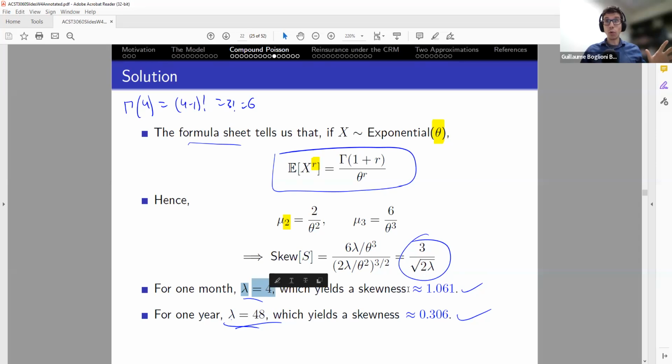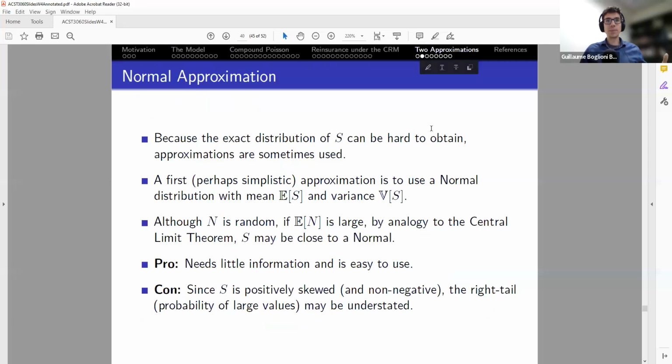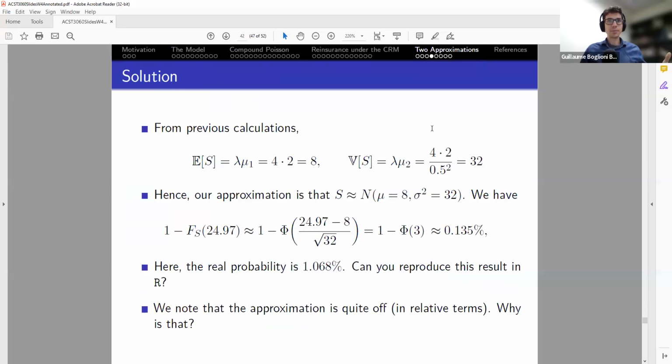For lambda equals 4, we had a skewness here that is, I suppose not huge, but substantially different from 0. So here you have a skewed S. It makes sense that the normal approximation is not especially good.